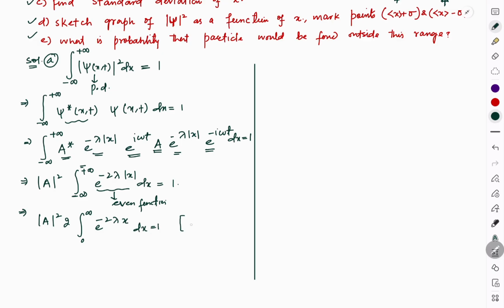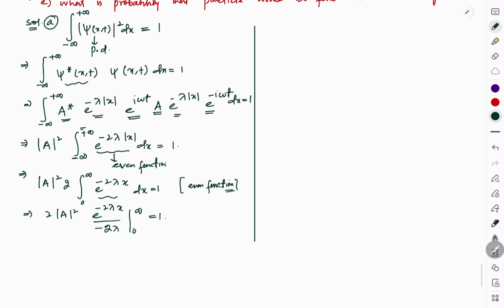This is a property of even functions. If you don't know it, just learn a bit about it. So this implies 2 times |A|², and this integration would be equal to e^(−2λx) divided by minus 2λ from 0 to infinity equals 1.